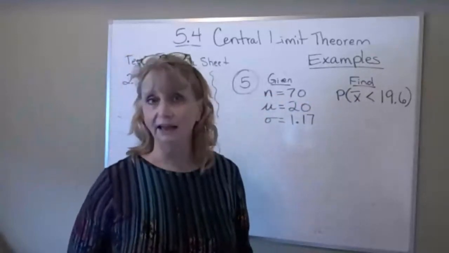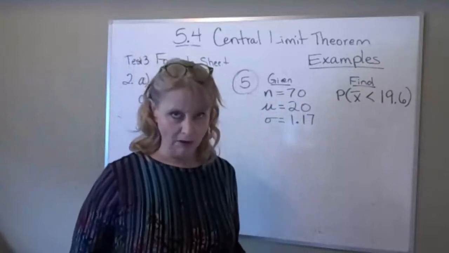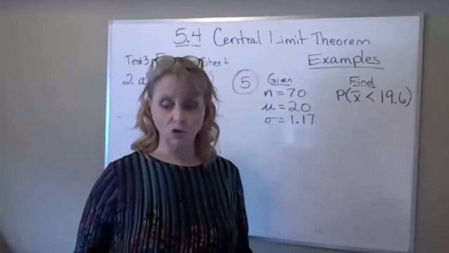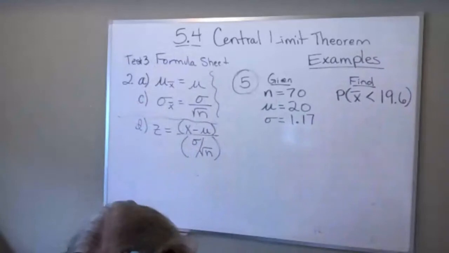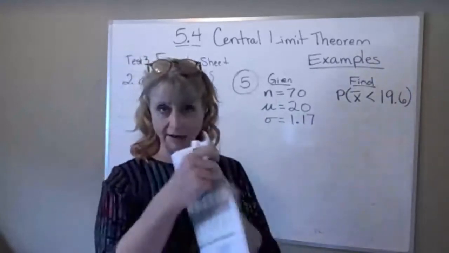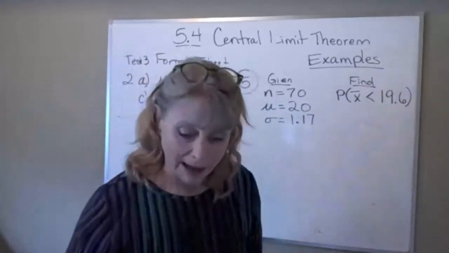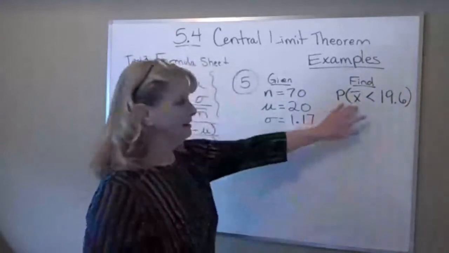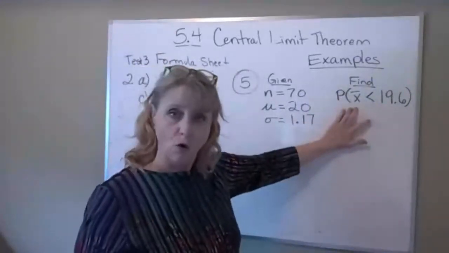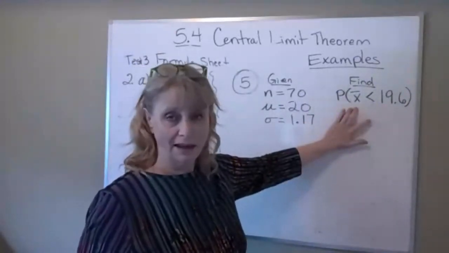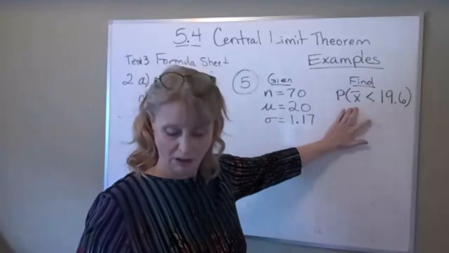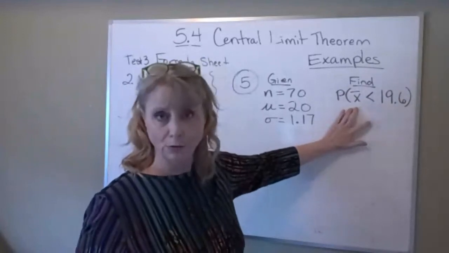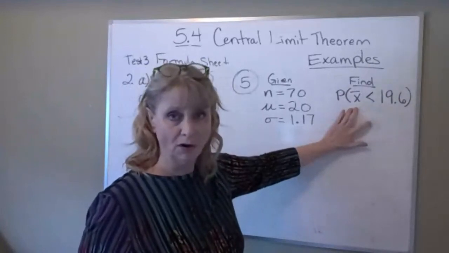Now, the significance of that is that if the sample means are normally distributed, we can use the normal distribution table, you know, our handy dandy little table, to calculate probabilities. We can only find those probabilities if we know the z-score.